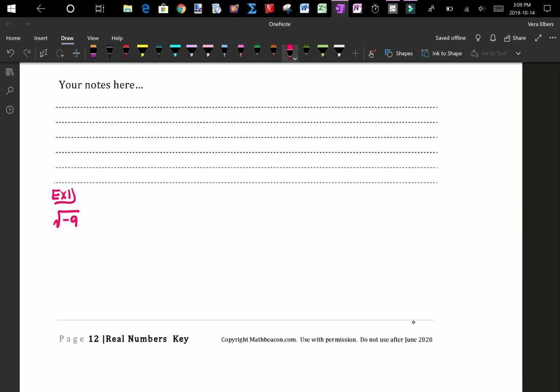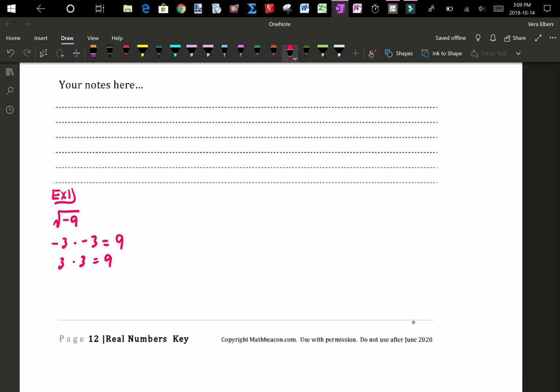Okay, so let's look at our options. We could go -3 times -3, and -3 times -3 is 9, because a negative times a negative is a positive. Or you could go 3 times 3 equals 9. But notice in both examples, -3 times -3 and 3 times 3, we get +9, not -9.